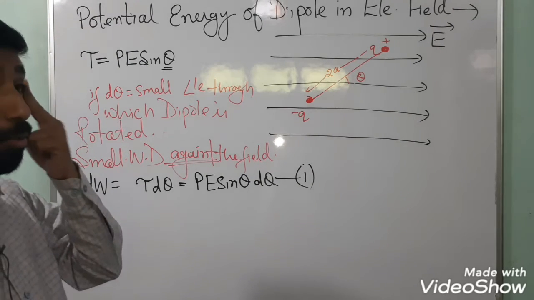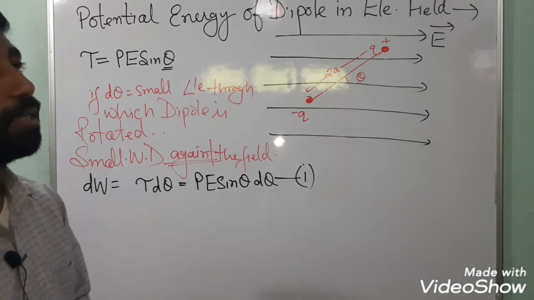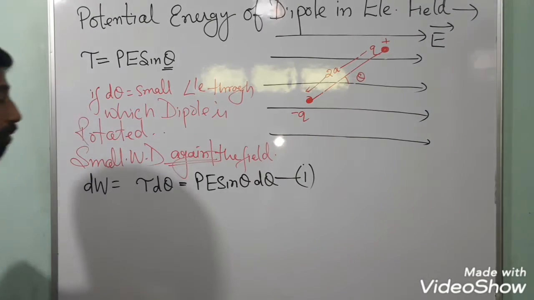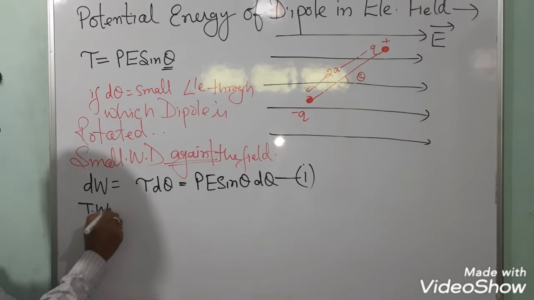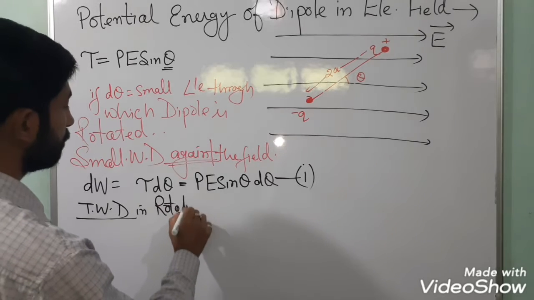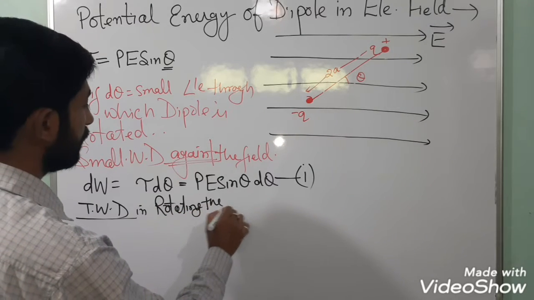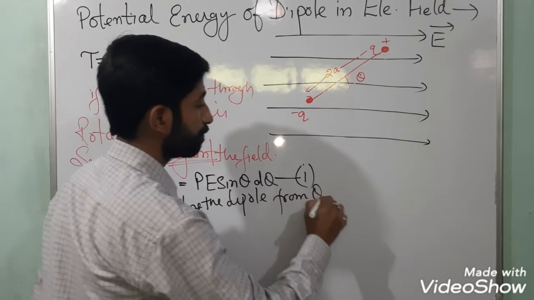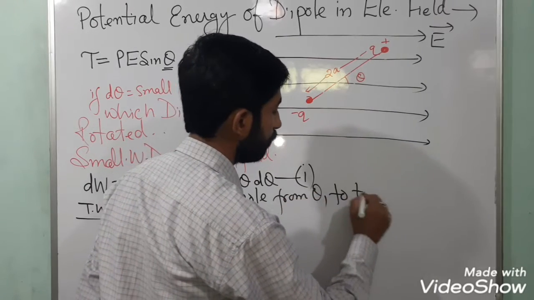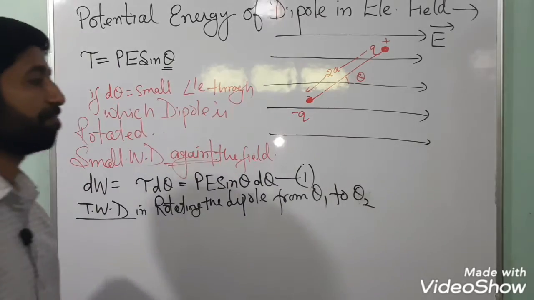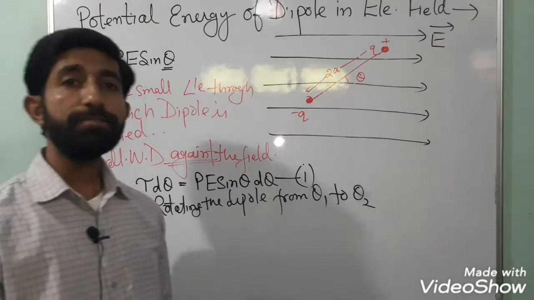Now if I want to rotate the dipole from an angle theta 1 to theta 2, then the total work done in rotating the dipole from theta 1 to theta 2, we shall find by the method of integration.